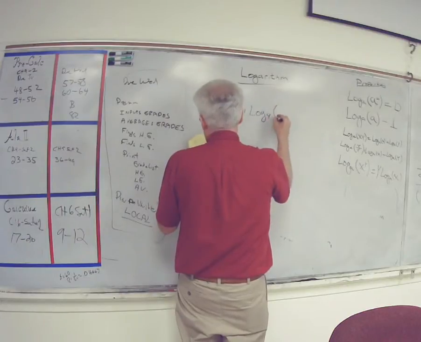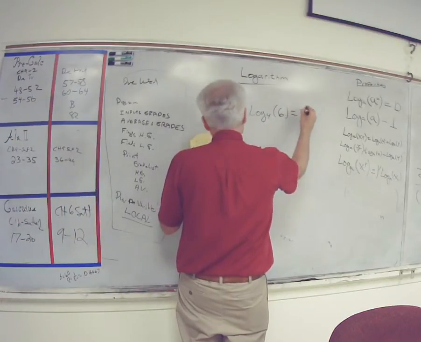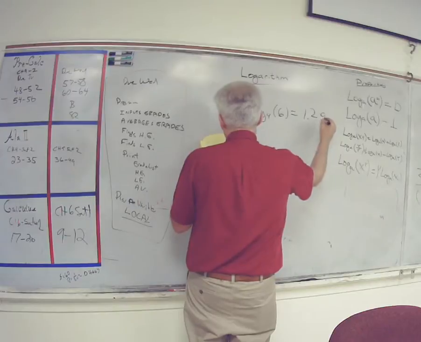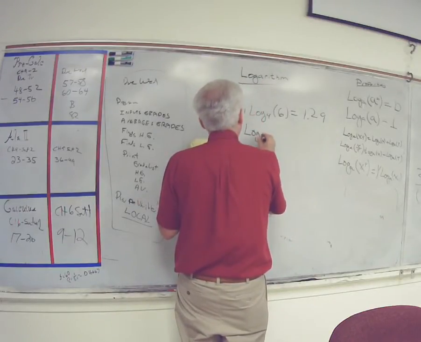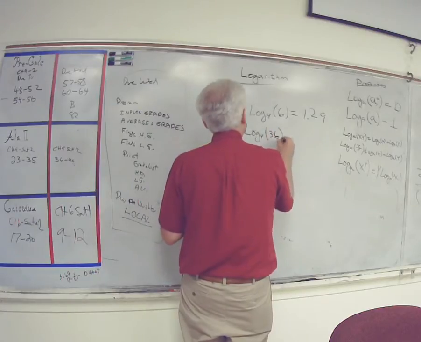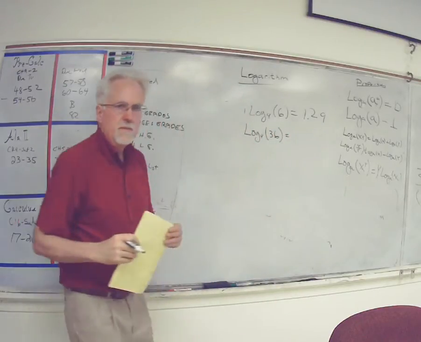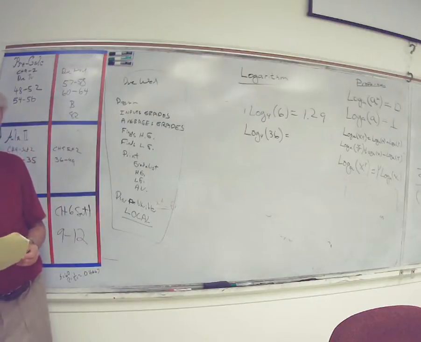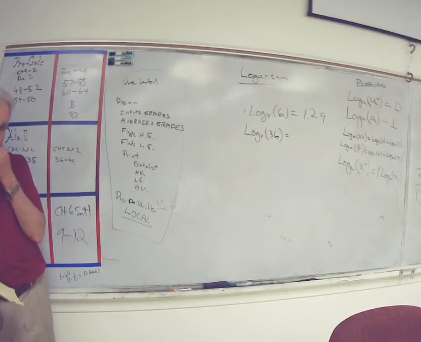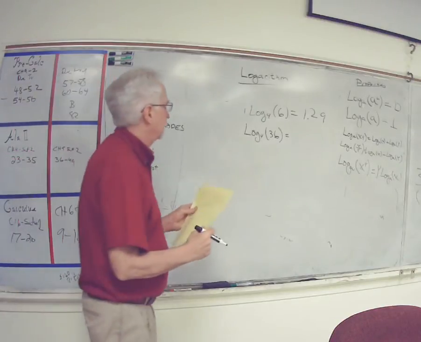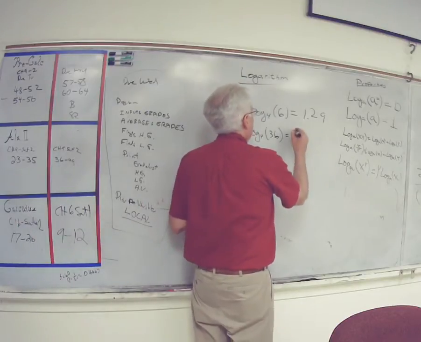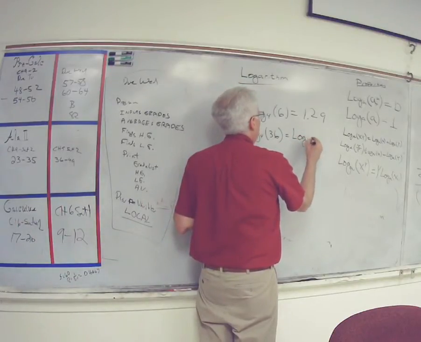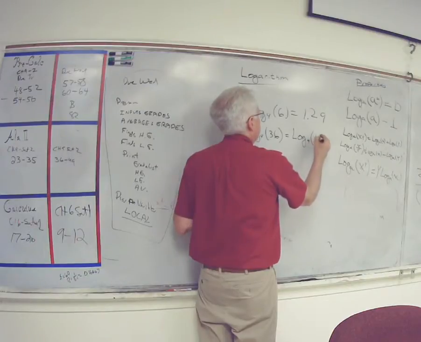Okay, so let's say that log 4 of 6 is equal to 1.29. I'm going to tell you that, but I want to know what is log 4 of 36. Josie, tell me something that you would do here. I would log 4 of 6 squared.